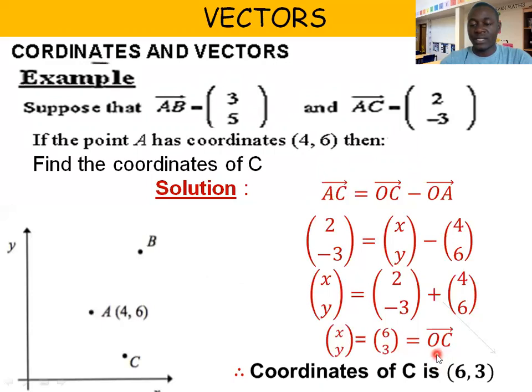So we see that our position vector transforms to the coordinate point of that particular position vector. So our B we got as (8, 11), and then our C we got as (6, 3).